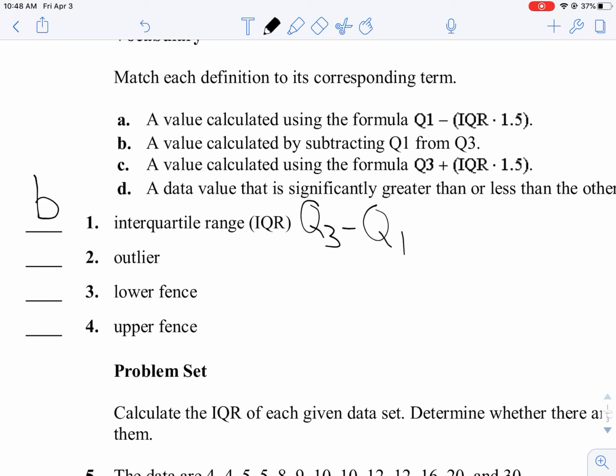Now, let's talk about a lower and upper fence first, and then we'll talk about an outlier. So, a fence. Obviously, if you have a fence in your yard, you're stopping things at that point. You might have one if you have a dog or something to keep it from running out of the yard.